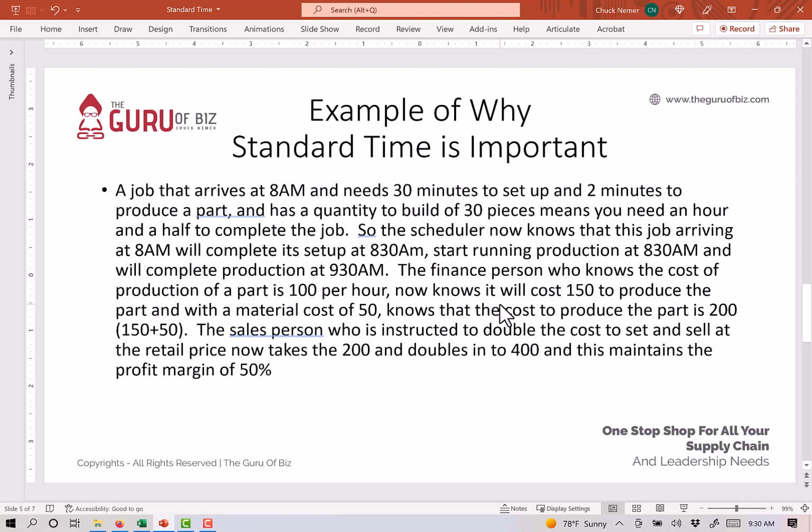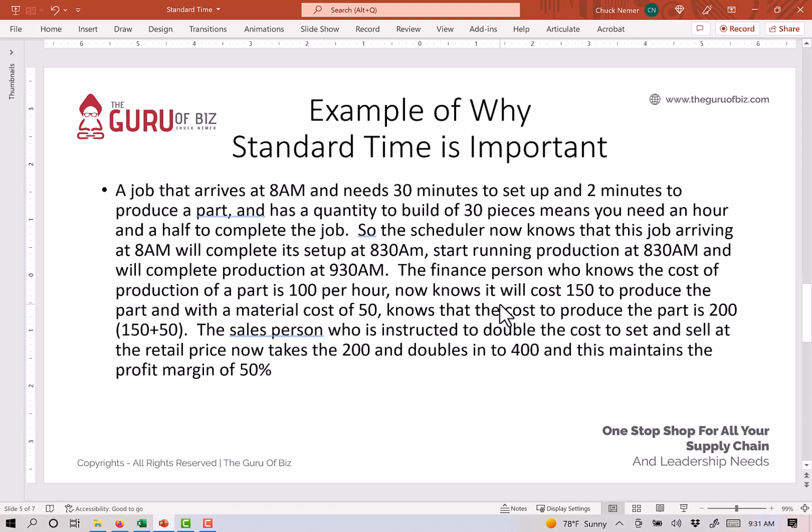The scheduler now knows that this job arriving at 8 a.m. will complete its setup at 8:30 a.m., start running production about 8:30 a.m., and will complete production at 9:30 a.m. And the finance person who knows the cost of production is $100, euros, yuan, whatever currency, per hour, now knows it will cost $150 to produce the part, plus the material cost of $50.